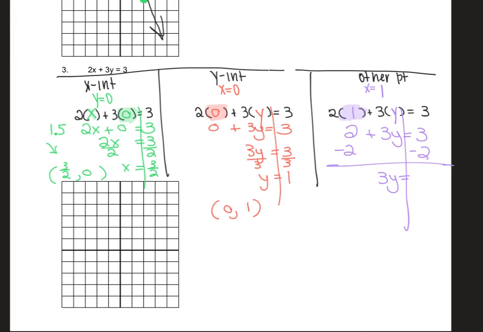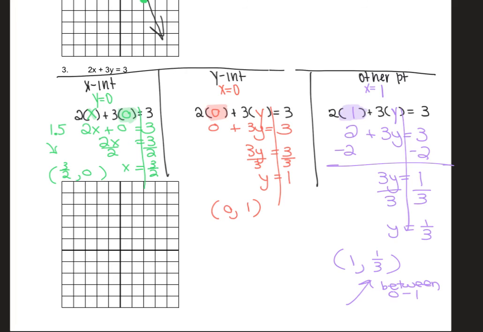I get 3y equals 1. I divide both sides by 3. And I get y equals 1 over 3. So my ordered pair is going to be 1, 1/3. That's not pretty. And again, that's between 0 and 1. Again, because this is just a double check, it doesn't need to be nice.